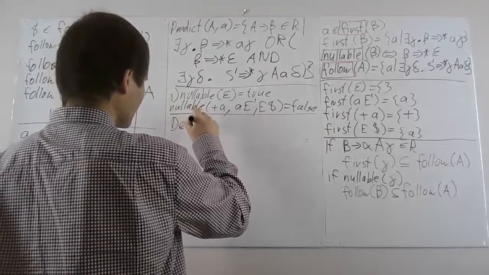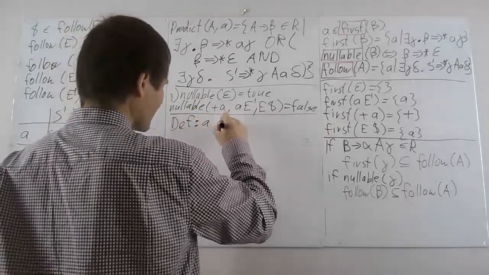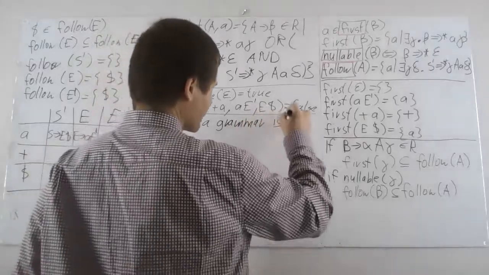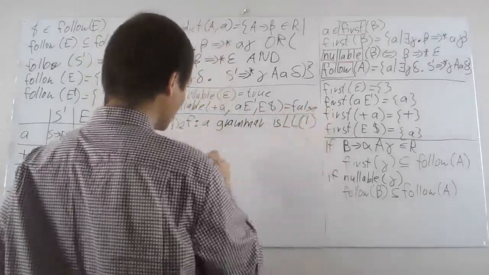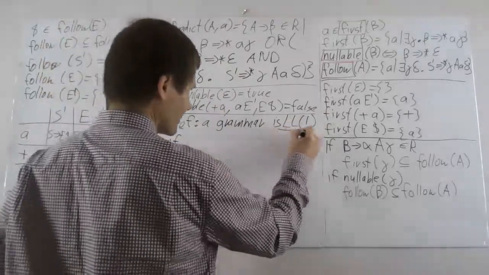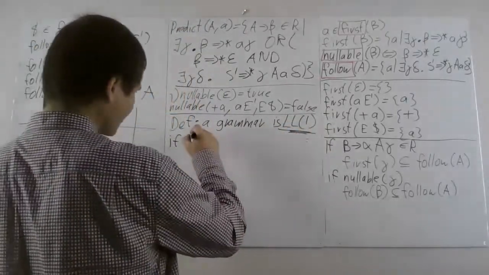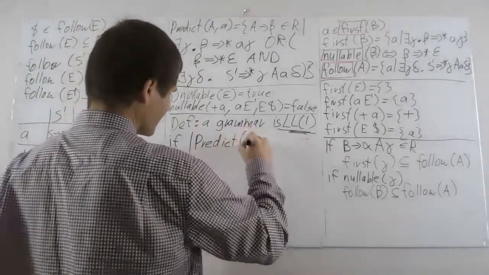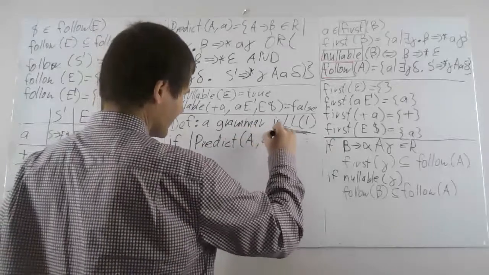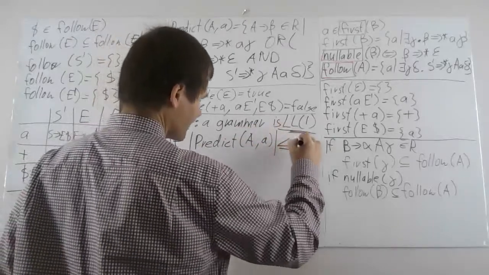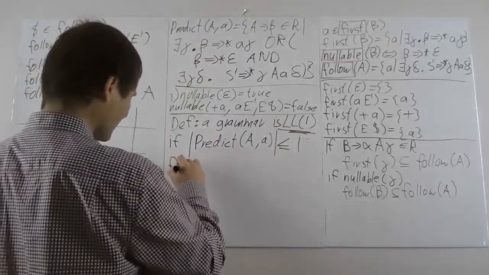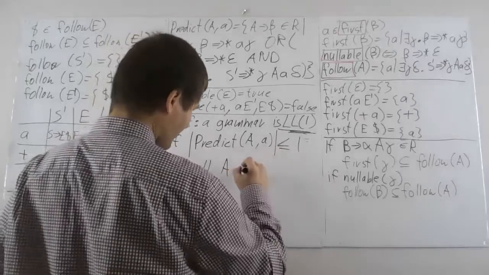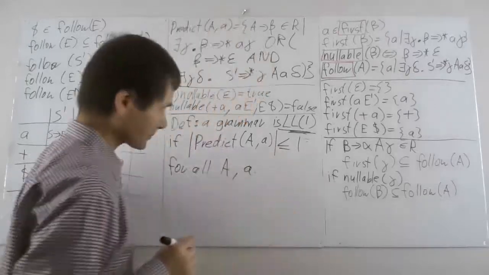So I'm going to say that a grammar is LL1 if the size of predict of big A and little a is less than or equal to 1, for all non-terminals big A and terminals little a.